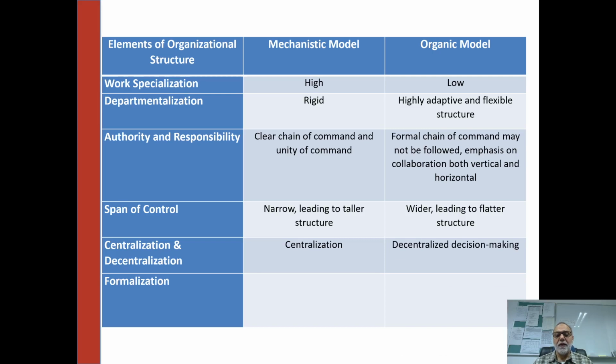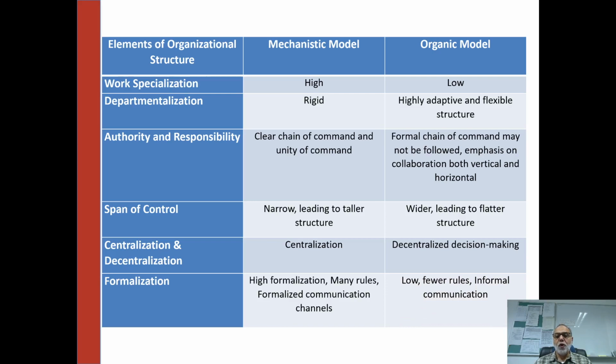Regarding the last element, formalization, mechanistic models have high formalization, with many rules and formalized communication channels. In the organic model, there is low formalization, with fewer rules, and informal communication is encouraged.